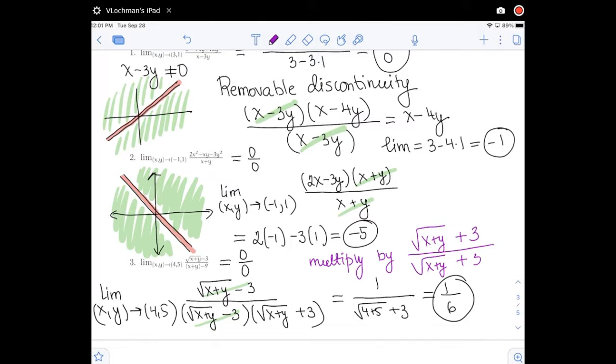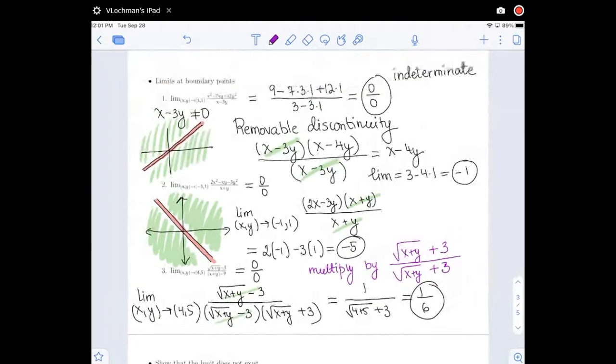You will see that you're going to get exactly the same answer. So whichever method is more intuitive to you, whichever one you feel more comfortable with, that's the one that you should go with. All right, so let's see limits at boundary points. Any questions here?